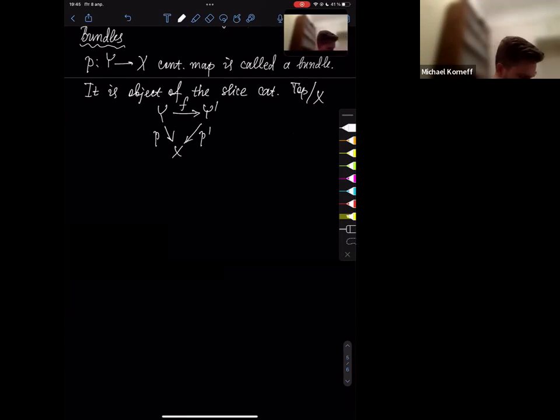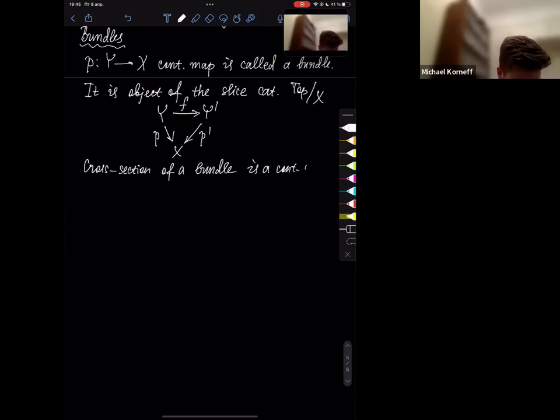Okay, a cross section of a bundle is a continuous map S from X to Y such that the composition P and S equals the identity morphism, and this can be drawn as follows.